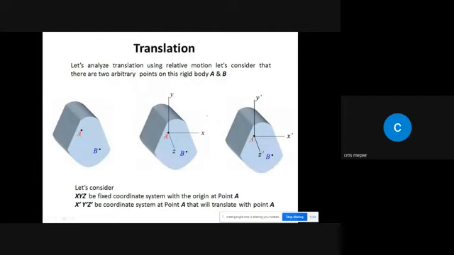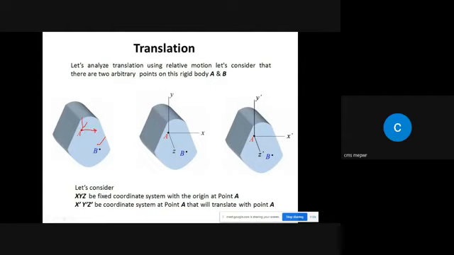Okay, now let's analyze translation using relative motion. Let us consider that there are two arbitrary points on this rigid body, and let's say these points are point A and point B. Okay, so to analyze them, let's say we have a coordinate system over here.